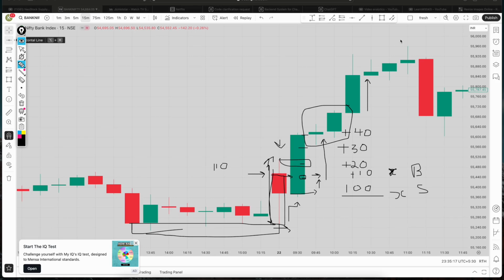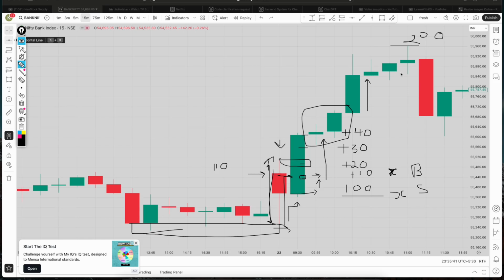But after a while, after this green buying rally was reaching a particular level, let's say the 200 mark over here, the buyers were thinking that this is a good enough price. I've bought at 100 rupees, now it's at 200 rupees, it's almost a 100 times return.